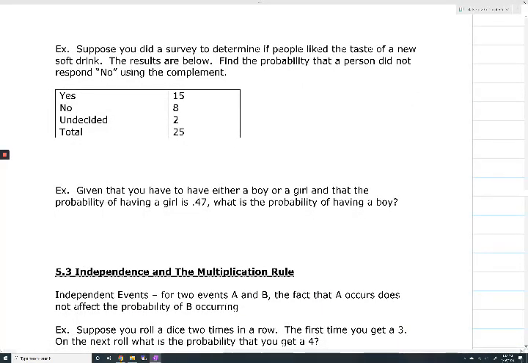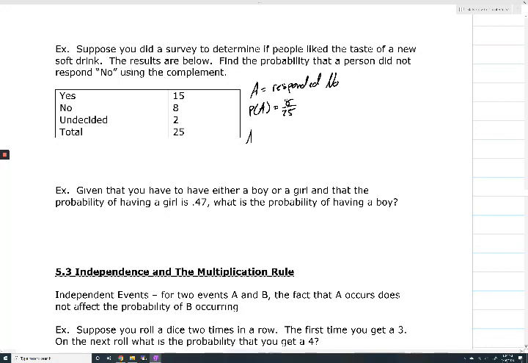Finishing up, we have 2 more examples. Suppose you did a survey to determine if people like the taste of a new soft drink. The results are below. Find the probability that the person did not respond no using the complement. So using the complement, that means responded no is our A. And the probability of A is 8 over 25.